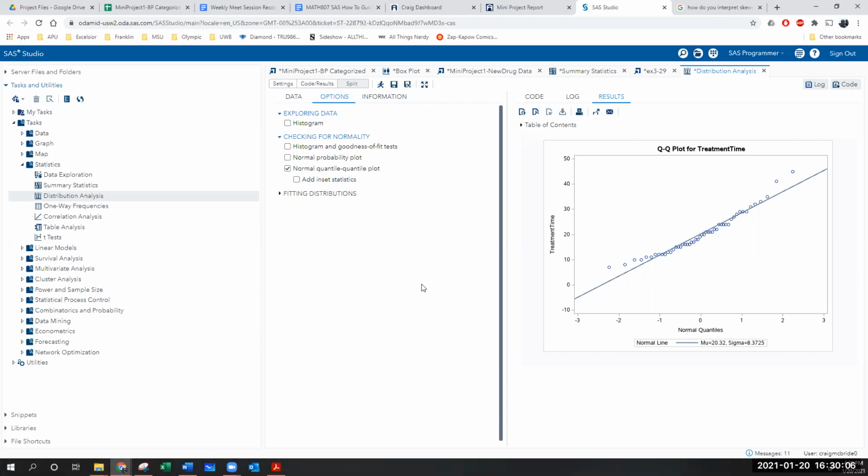Yeah, and the reason why I want you thinking about that is because later on in that question, it asks you about their claim that 90% of their patients are seen in under 40 minutes. Well, if you run the data and run the 90th percentile, you'll calculate the 90th percentile as being 31.5.